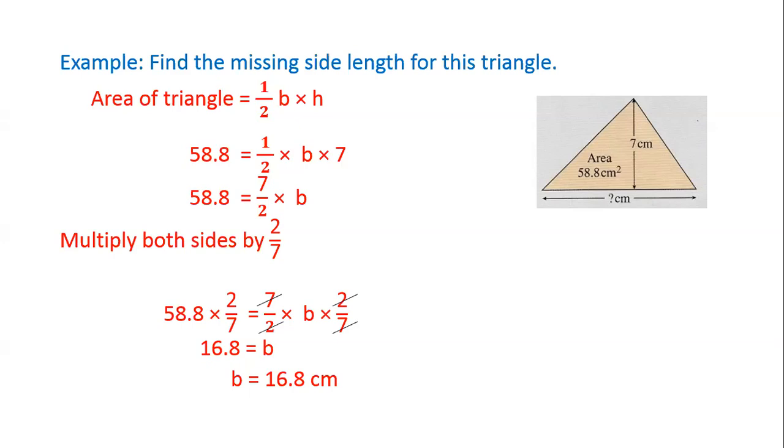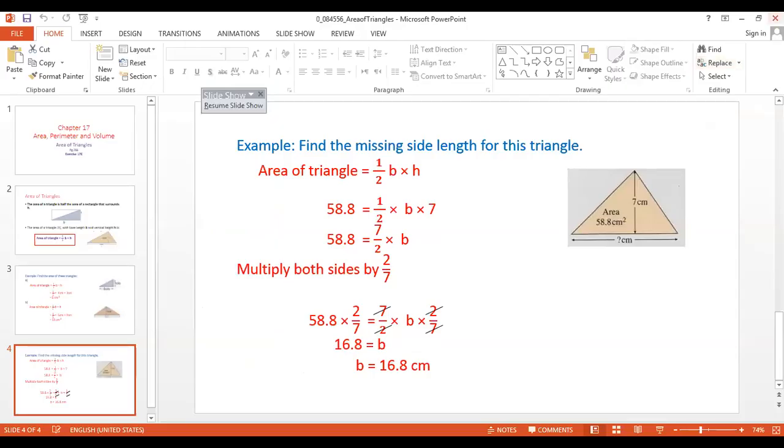So 58.8 equals 7 over 2 multiplied by B. Multiply both sides by 2 over 7, cancel 2 with 2, 7 with 7, so the result will be 16.8 centimeter. This is about the area of a triangle, and we talked about the area of a rectangle before.